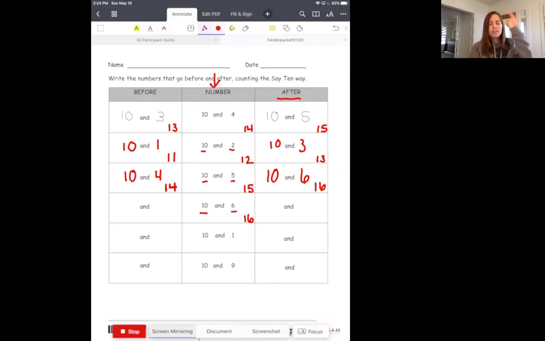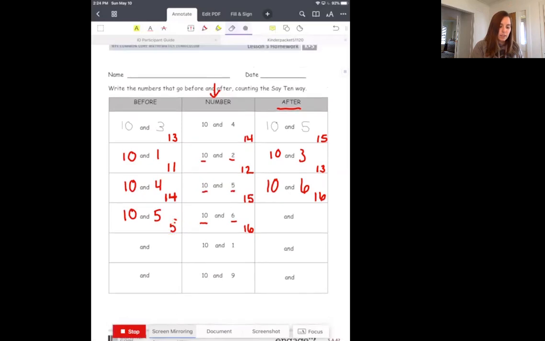So count backwards. 16, 15, a 1 and a 5. Now I need to break it apart. In the number 15 here, I see one group of 10 and 5 ones. Did you see that? All right, let me erase the circle here so you don't get confused.